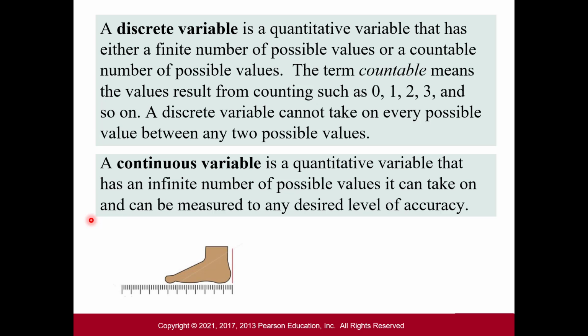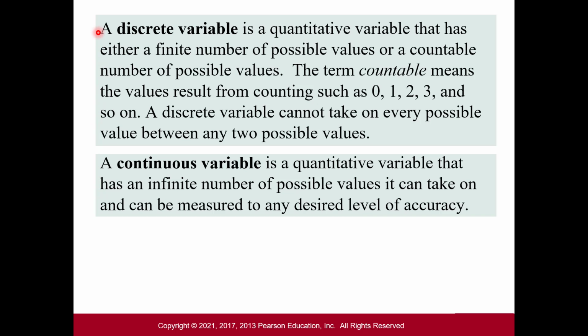If you were to measure the length of somebody's foot with a very, very accurate ruler, you can get down to hundredths of an inch or however accurate you want to be. And technically that's a continuous variable, a length, because depending on how accurate you are, it can be an infinite amount of values in between, let's say, whole inch values.